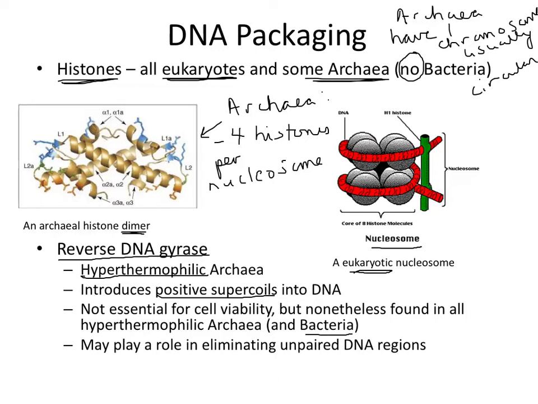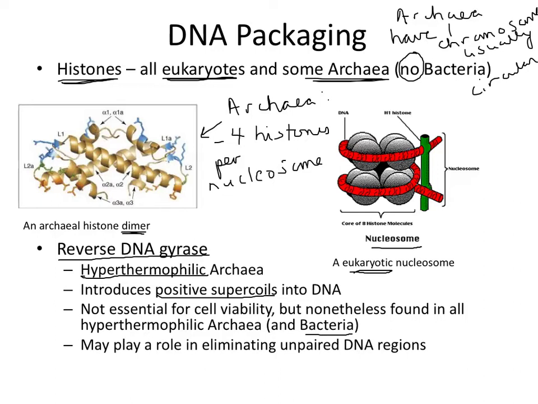So scientists hypothesize that these positive supercoils may play a role in eliminating unpaired DNA regions that might result from high temperature breaking the hydrogen bonds, the base pairs, that connect double-stranded DNA together.